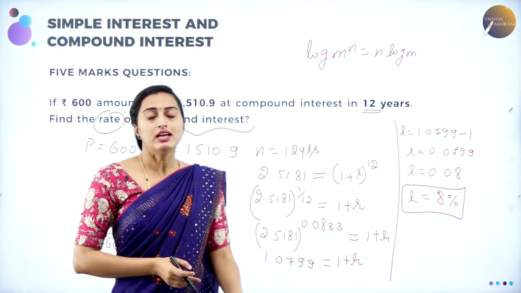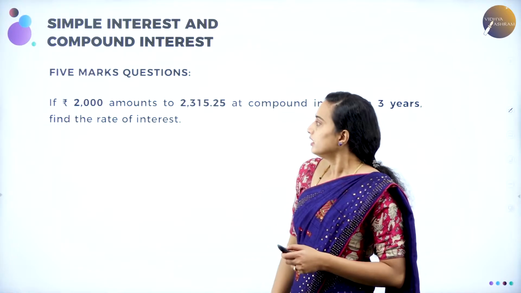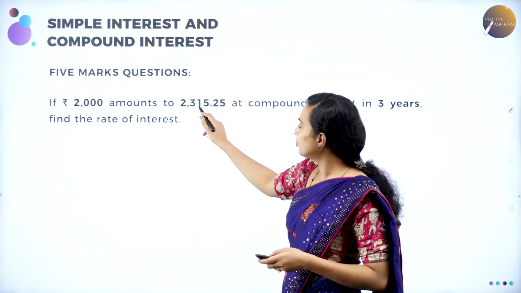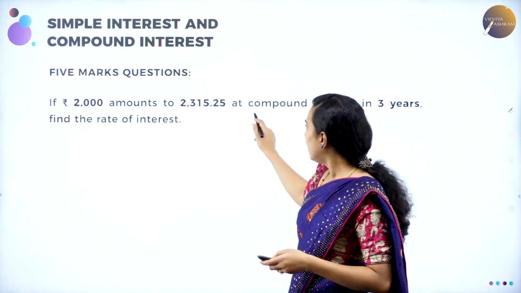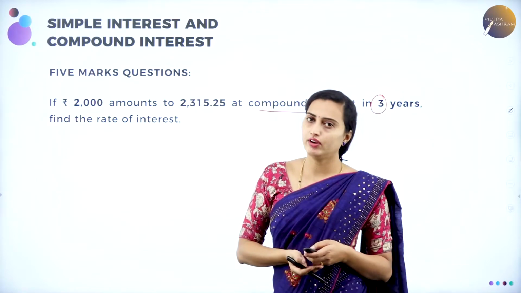We'll move on to the next problem. What they have asked: If 2000 amounts to 2315.25 at compound interest in 3 years, find the rate of interest.